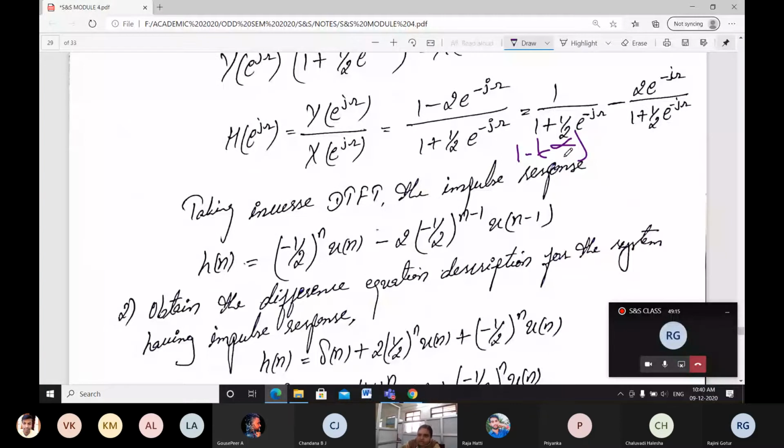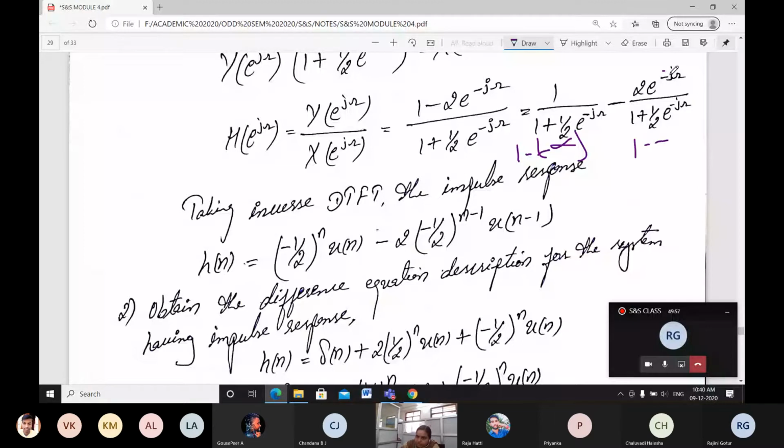Remember, we changed some parameters based on u of n minus 2, n minus 3; we modified it, right? Based on that equation, I can write minus 2 into minus 1 by 2 power n minus 1. What is the value here?